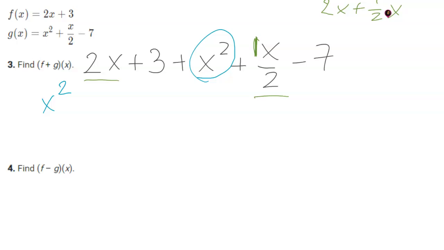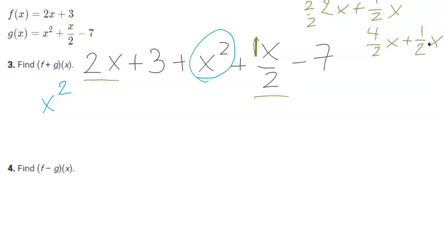And I want my fractions to have common denominators. So I'm actually going to change this: 2 is the same as 2 times 2 over 2, so that we have common denominators. So that looks like 4 over 2 and 1 over 2.